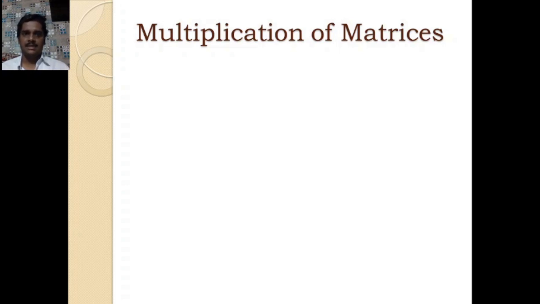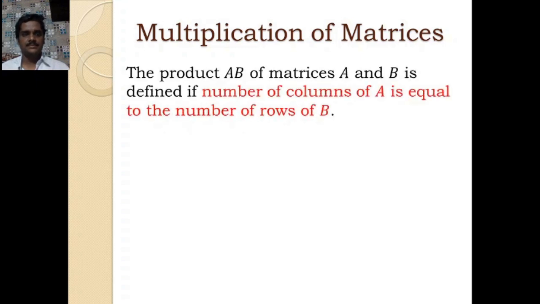Let's see the first condition to define matrix multiplication. The product AB of matrices A and B is defined if the number of columns of A is equal to the number of rows of B. So this is the condition to define the product A into B. If you recall, there was a condition to define A plus B as well.